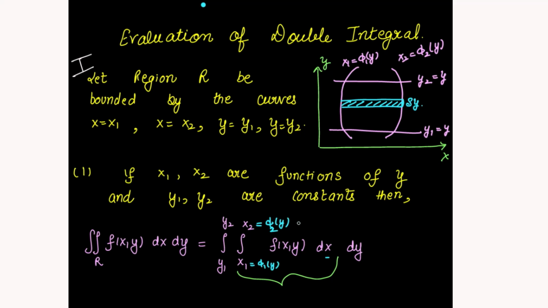It can be anything, like suppose this can be square root of 1 plus y square, any value in terms of y. So when y1, y2 are constants, keep their limits outside, and inside keep the limits x1, x2, which are functions of y. And because y1 and y2 are constants, you have to write dy at the last. Fine, make this very clear.